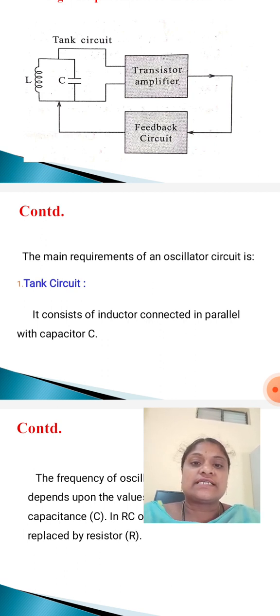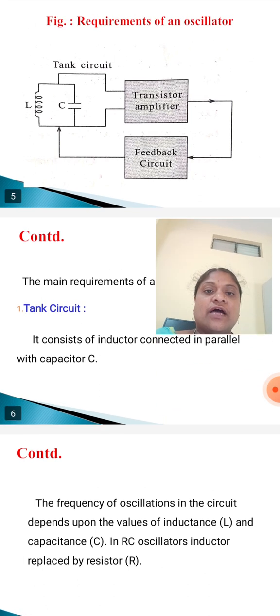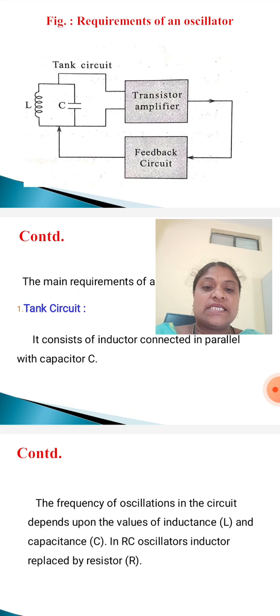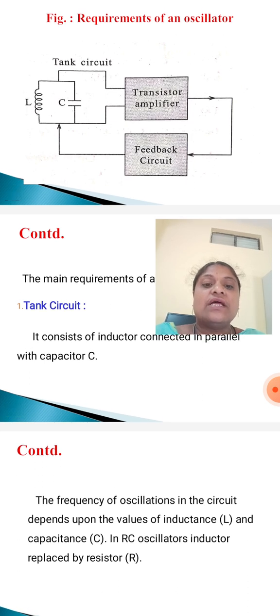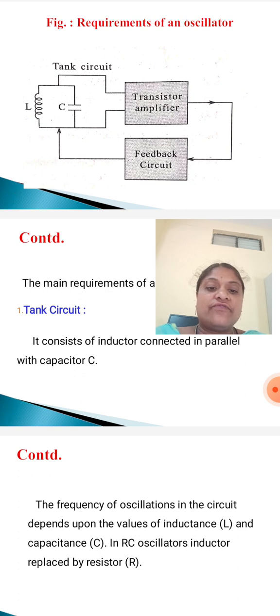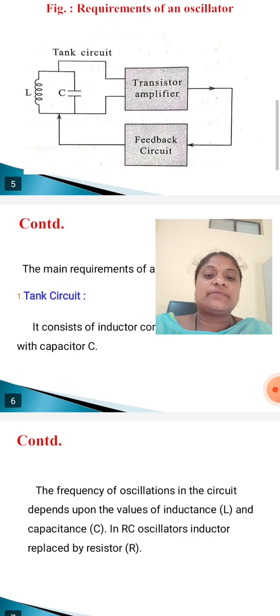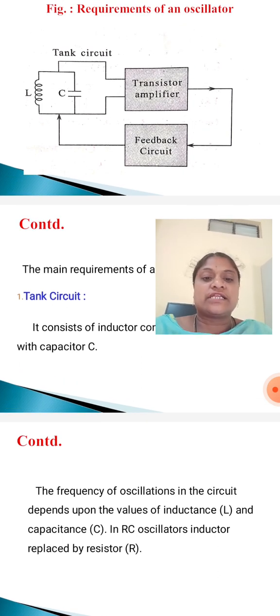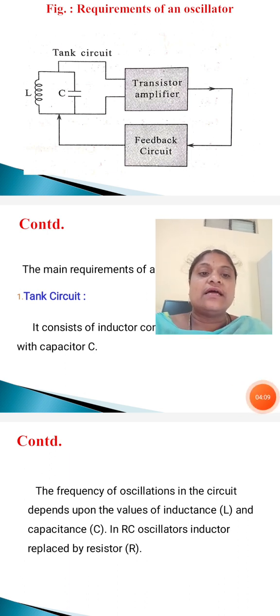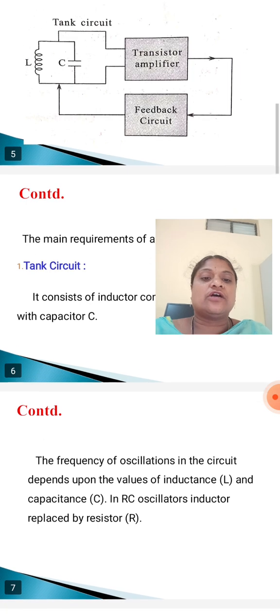It consists of an inductor connected in parallel with capacitor C. The frequency of oscillations in the circuit depends upon the values of inductance L and capacitance C. In case of RC oscillators, the inductor is replaced by a resistor R.